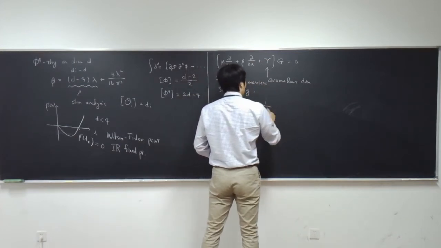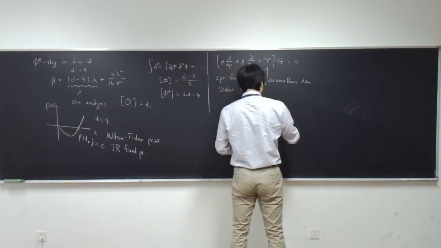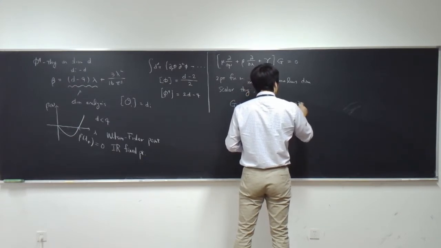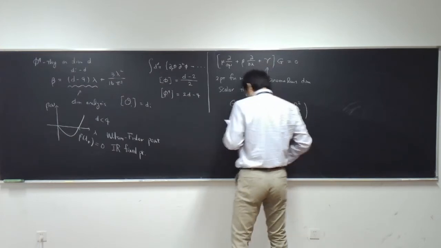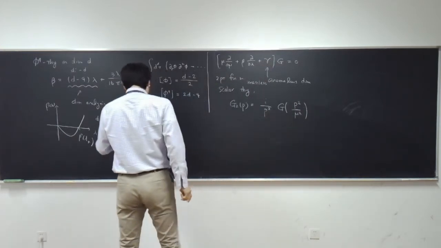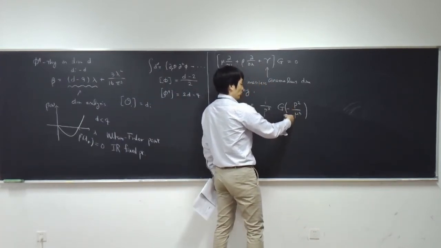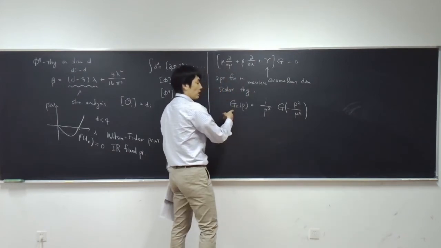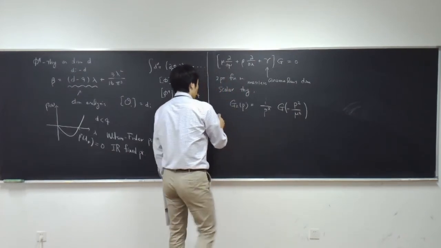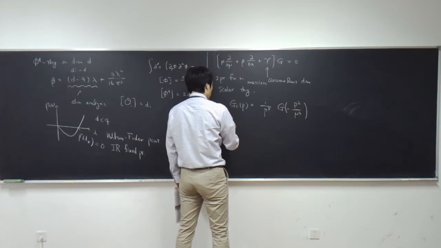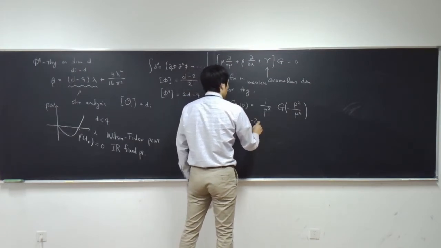Then the propagator takes the following form. This is the most natural form one can consider, because the two-point function should have mass dimension minus 2.